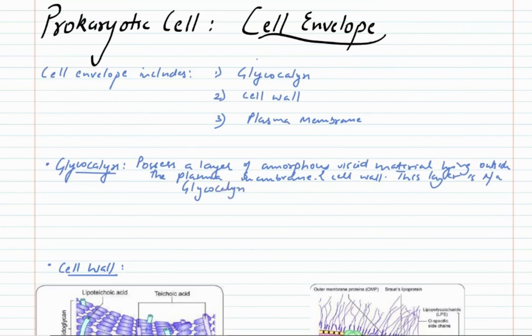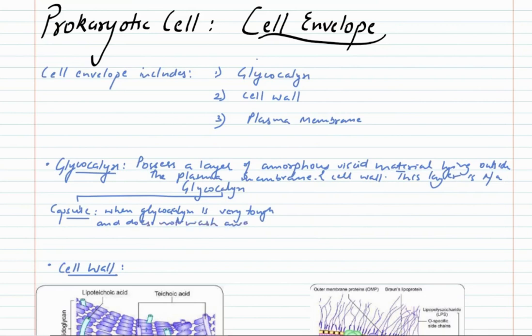Now, the glycocalyx can be of two types. First is known as a capsule, when the glycocalyx is very tough and does not wash away easily.